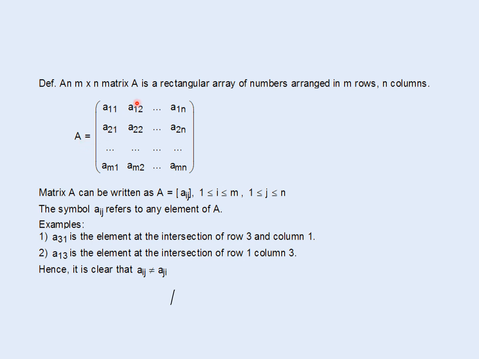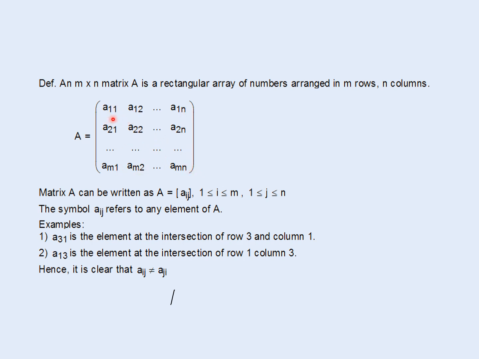An M by N matrix A is a rectangular array of numbers that are arranged in M rows and N columns. So we write matrix A as an array containing M rows and N columns of elements.